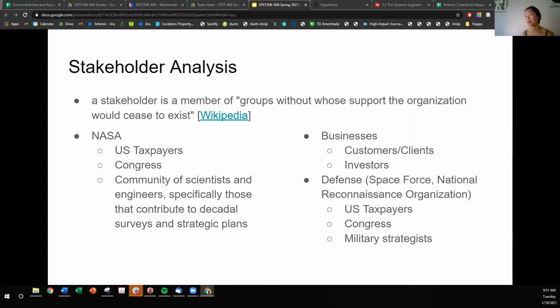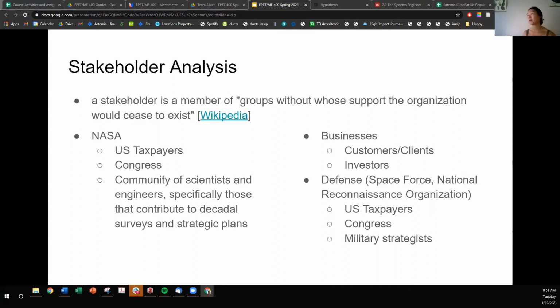You'll see sometimes that Congress writes different NASA missions into bills, which obligates NASA to pursue those missions. Also, US taxpayers, I mean, we're funding NASA, so we have a say as to what kind of missions or programs happen at NASA.